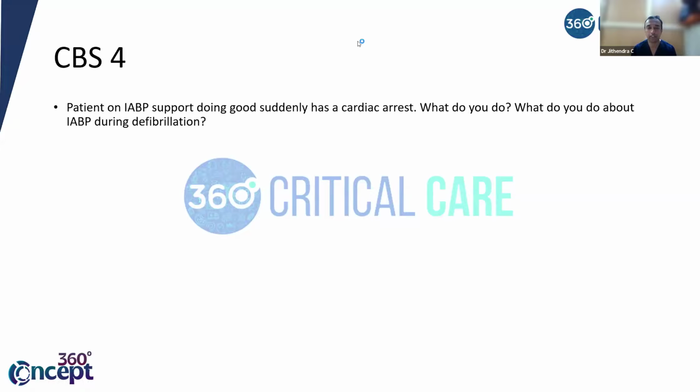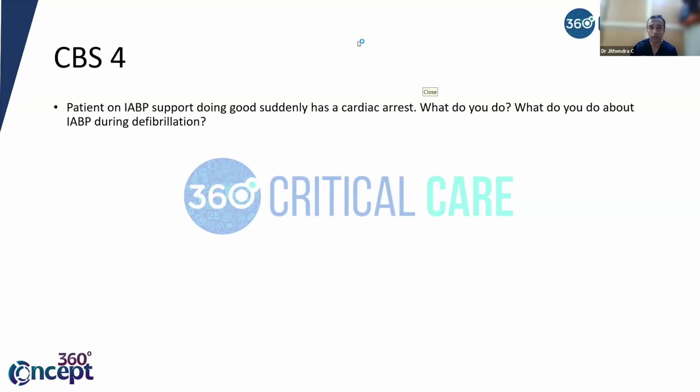So what about defibrillation? I think the first question, most of you have answered correctly. Put onto auto mode, a pressure trigger is absolutely right. So what about the IABP during defibrillation? Should I stop the IABP and defibrillate, or go ahead with defibrillation, or change the current, change the position? Continue defibrillation. Go ahead. Yes, that's the right answer. Go ahead with defibrillation. No need to do anything with the IABP.